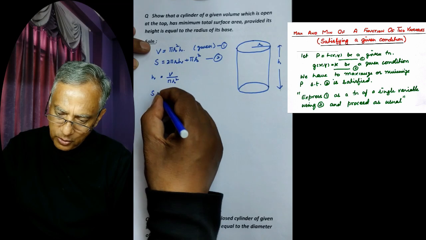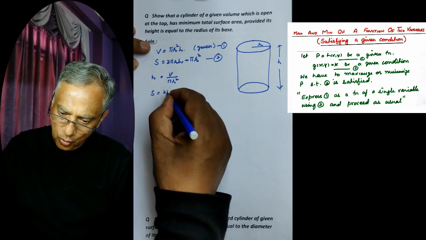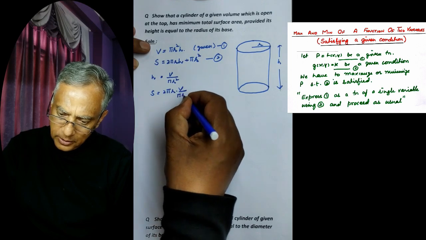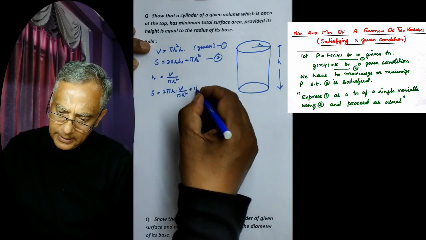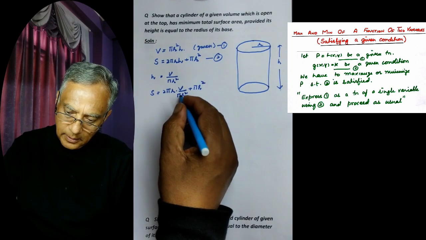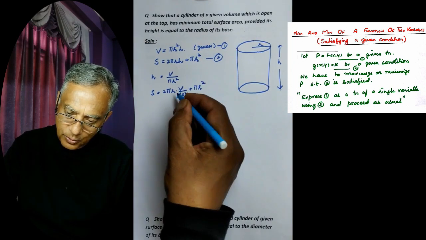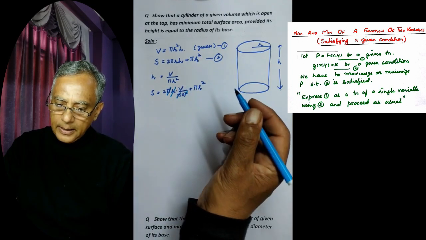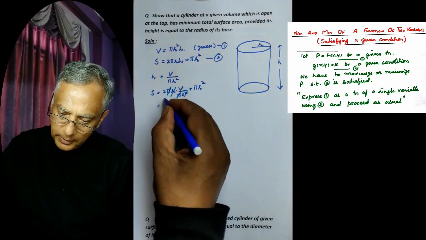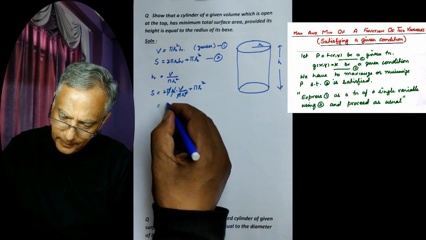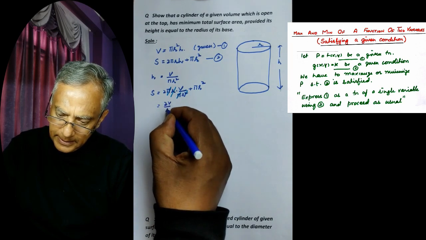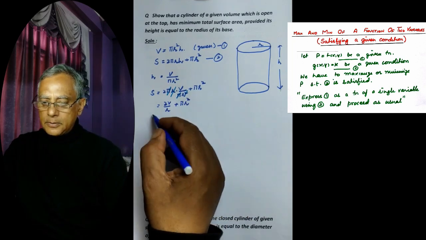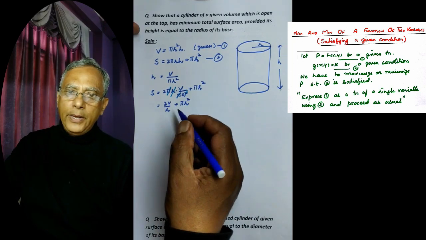Therefore S is equal to 2 pi R into V by pi R square plus pi R square. This pi cancels with pi and R cancels with R, and we are left with 2V by R plus pi R square. Now this has been expressed in terms of a single variable.